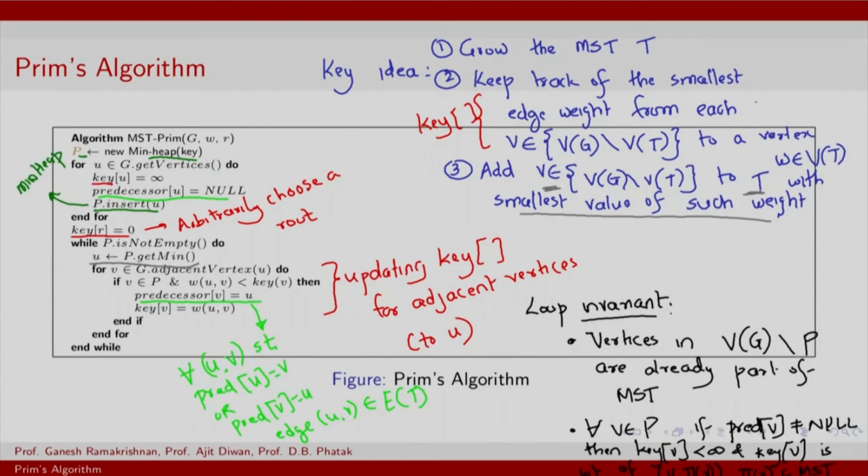So one can again ensure or prove that this condition holds, and this second condition was the motivation behind Prim's algorithm in the first place.